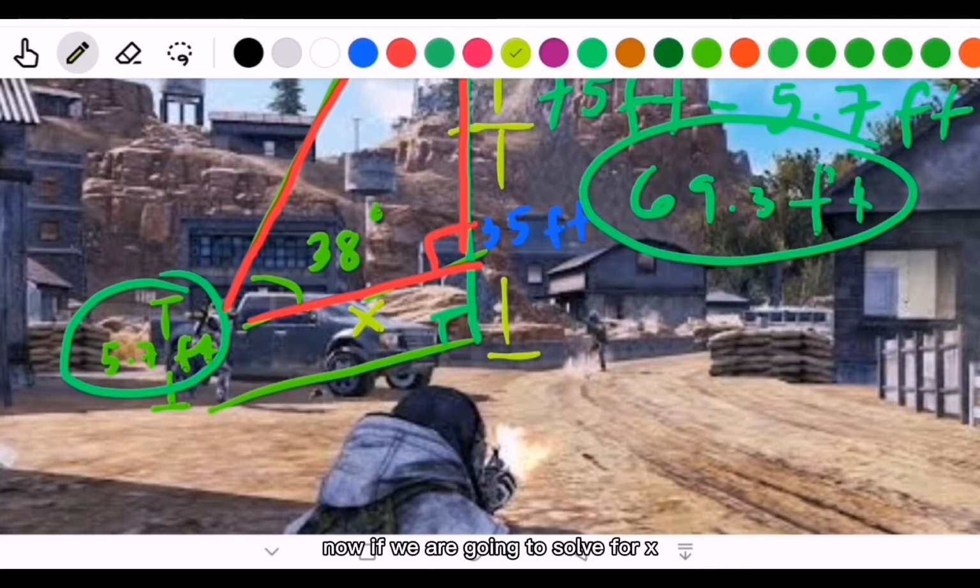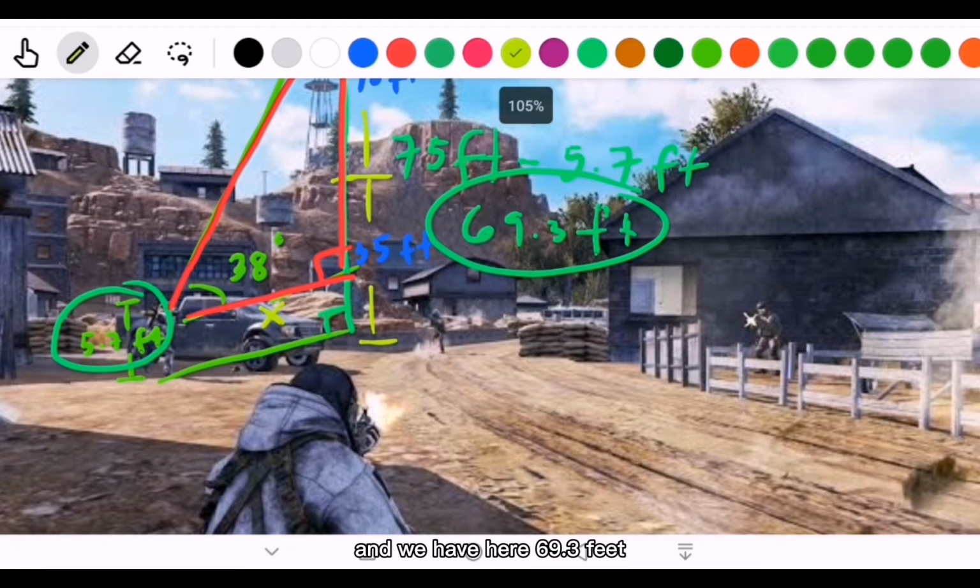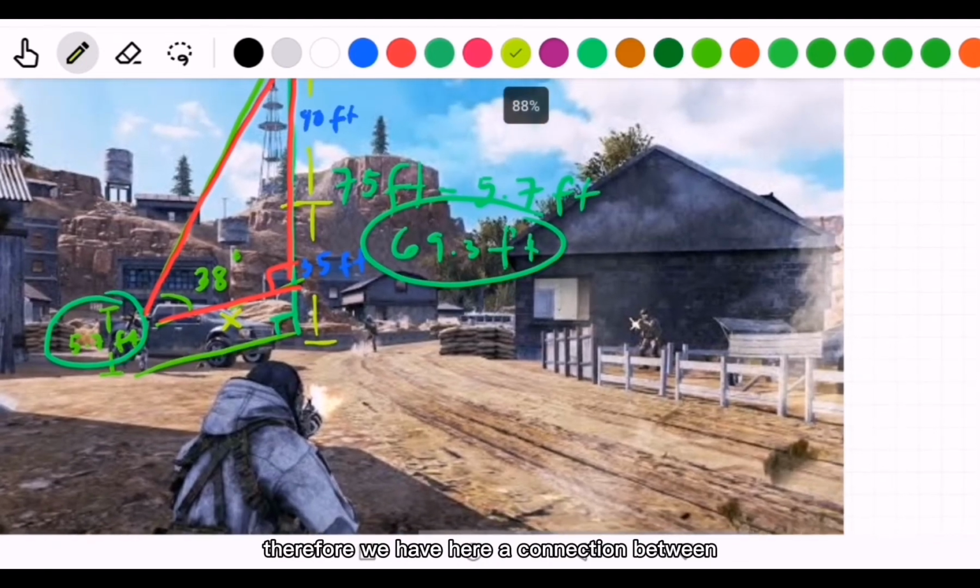Now, if we are going to solve for x, we have here 69.3 feet and the 38-degree angle, which is opposite of that side. Since they are opposite and we have here a side sharing with the given angle 38 degrees, therefore we have a connection between the adjacent and the opposite side.